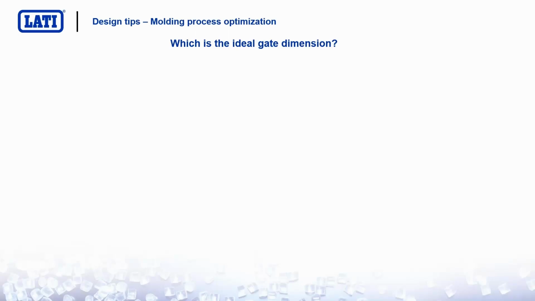Which is the ideal gate dimension? The gate dimension should be defined not only on the basis of the thickness of the parts at the gating location, as sometimes is done, but to evaluate it considering also parameters like the cavity volume, the flow length, the flow rate, and so on.